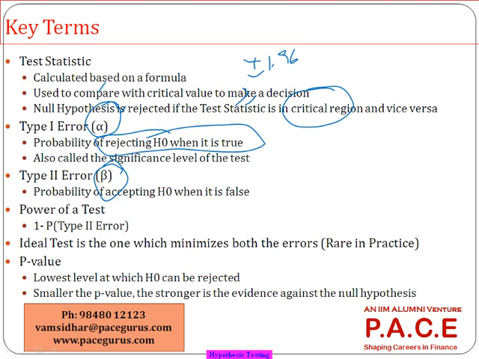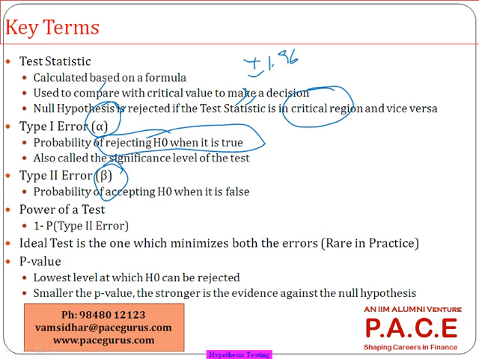When I go to the legal world, alpha error is nothing but arresting or punishing a person when actually he is innocent. When the person is innocent, you are arresting him. That is what is called a type 1 error. You are punishing the person when he should not be punished.